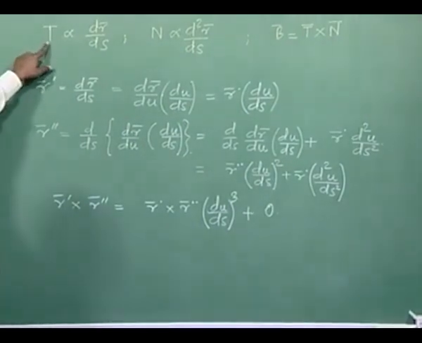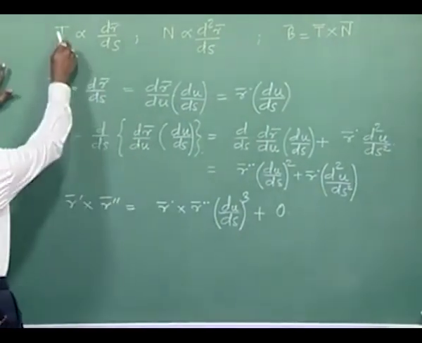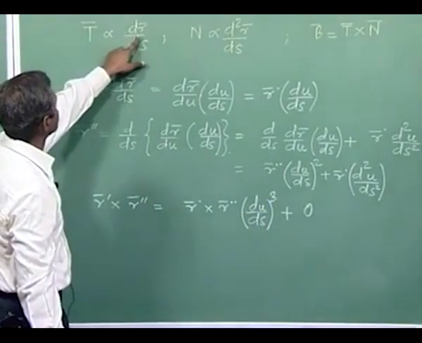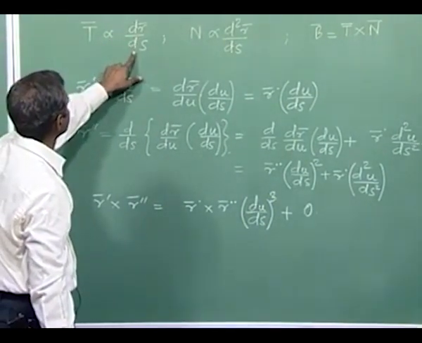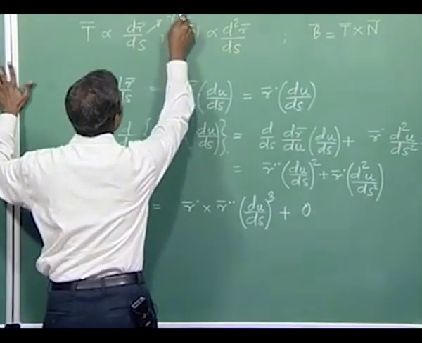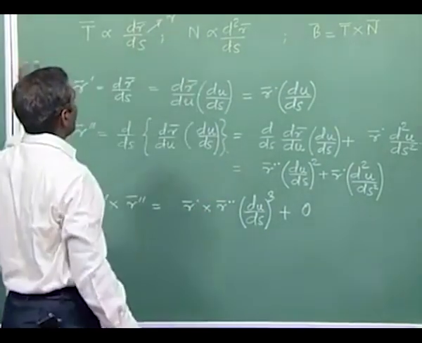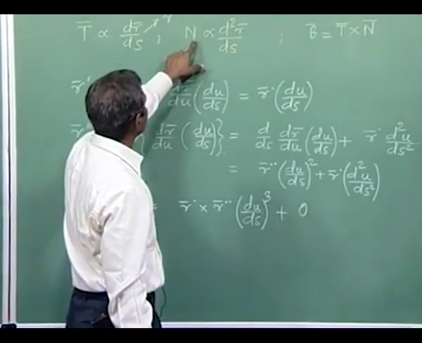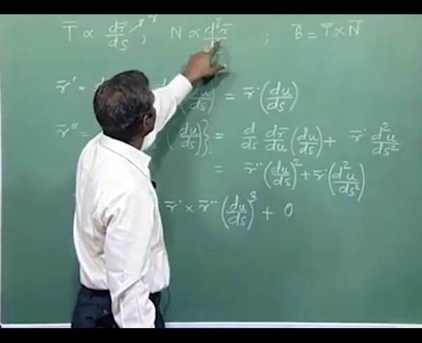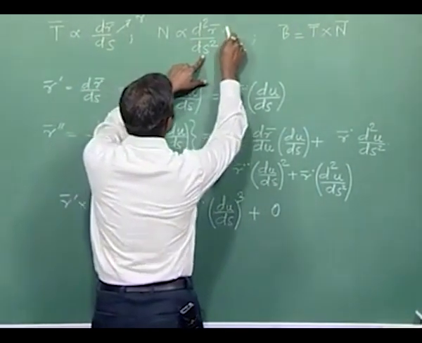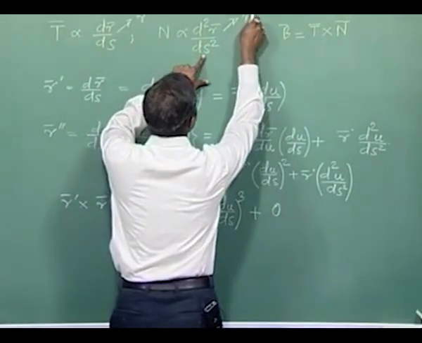Recall that the unit tangent t has the direction of dr over ds, which is r prime, and n is defined in the direction of d2r over ds squared, which is r double prime.